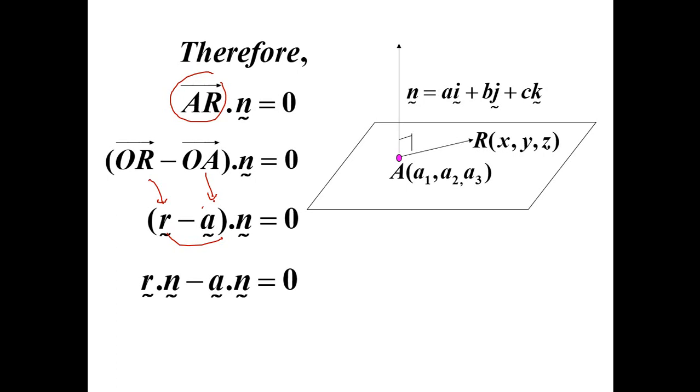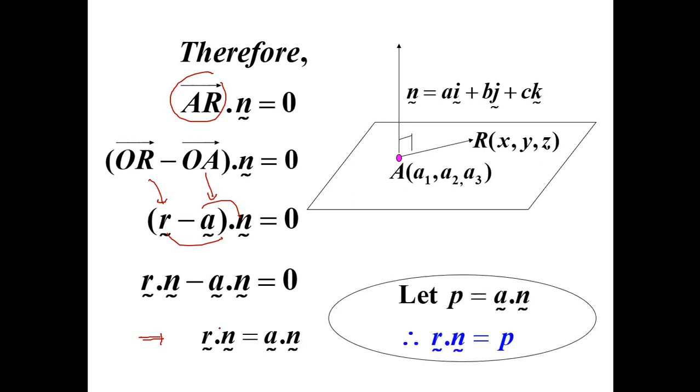Expanding, we get r dot n minus a dot n is equal to 0. Then simplify: therefore r dot n equals a dot n. You have to remember this is the equation for a plane. Let p be equal to vector a dot vector n.